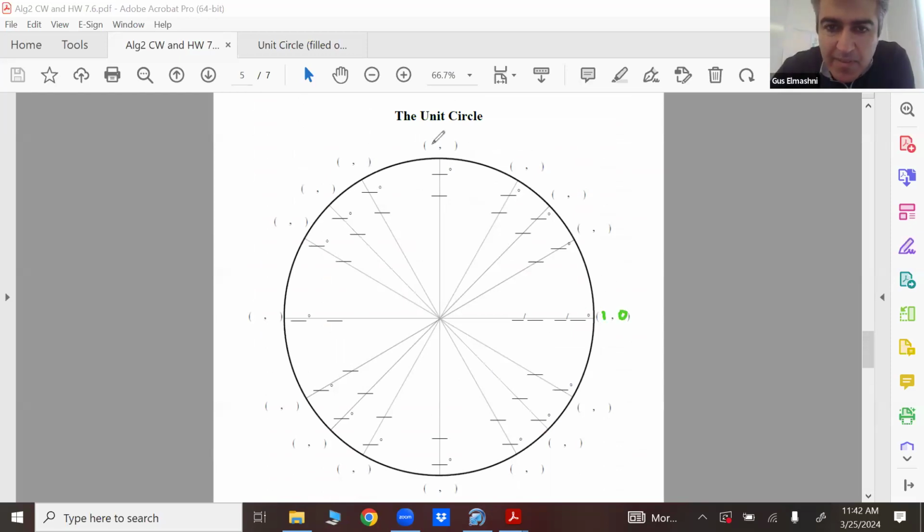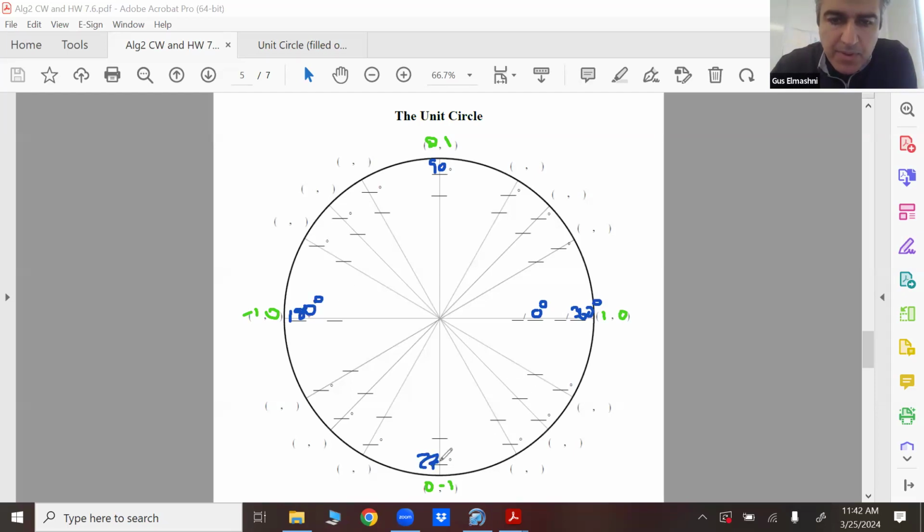1 0, 0 1, -1 0, and 0 -1. We're okay with that so far? Blue will be degrees. 0 degrees or 360 degrees, 90 degrees, 180 degrees, or 270 degrees.